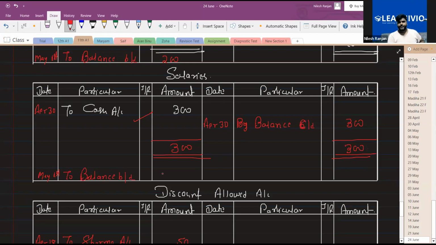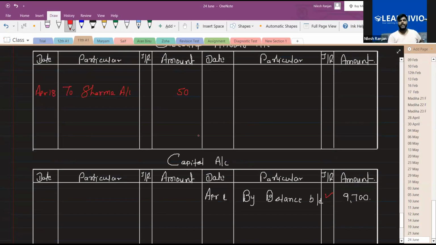Actually, it is CD. BD is here 300. Then discount allowed and capital.